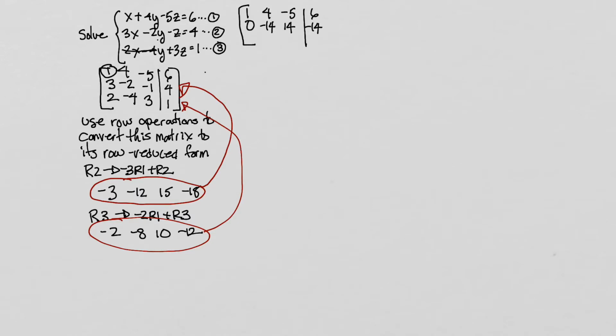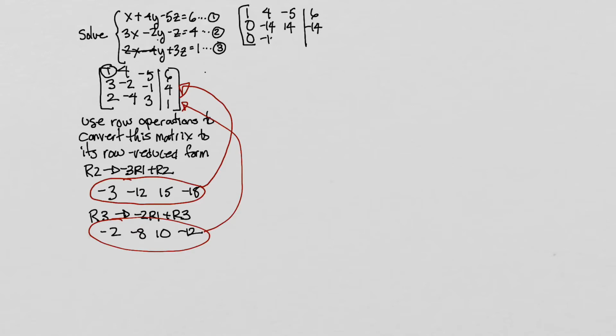And now let's get our third row. So what we're going to do is take this third row here and add it to this new row. So let's do that. So we're going to get 2 and -2 is 0. That's what we were looking for. Then we're going to get -4 and -8.